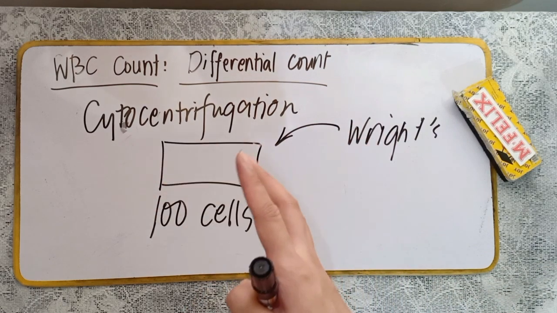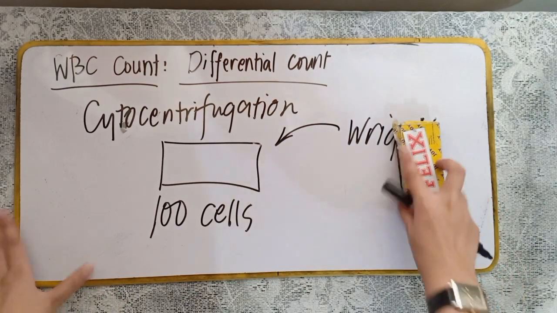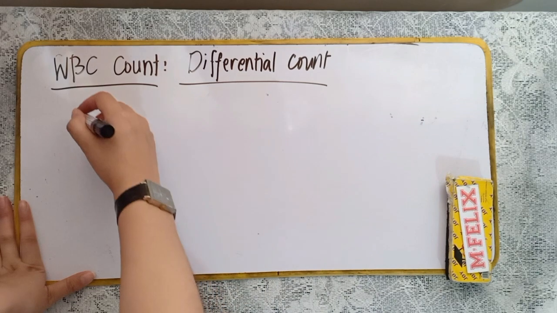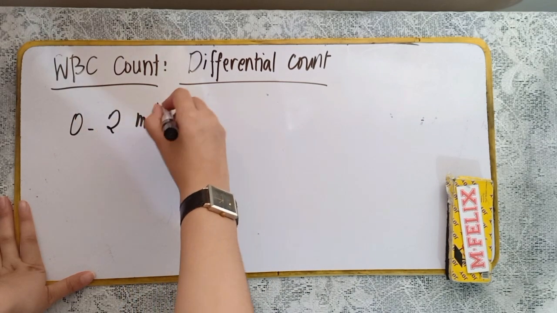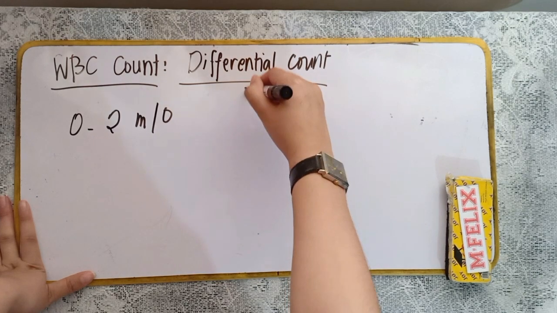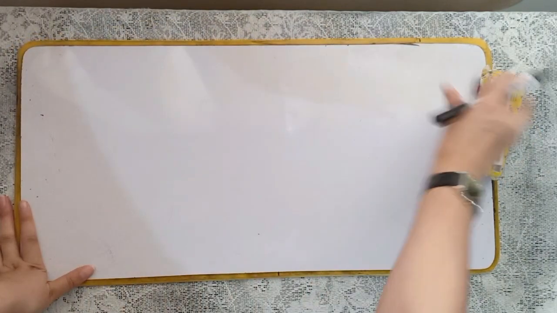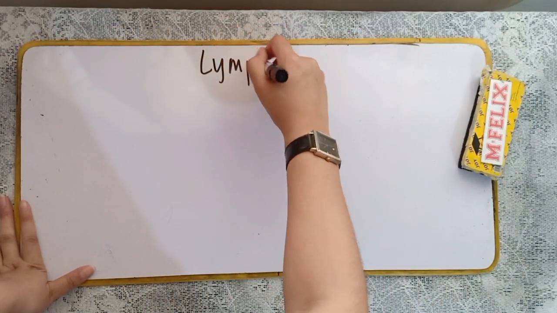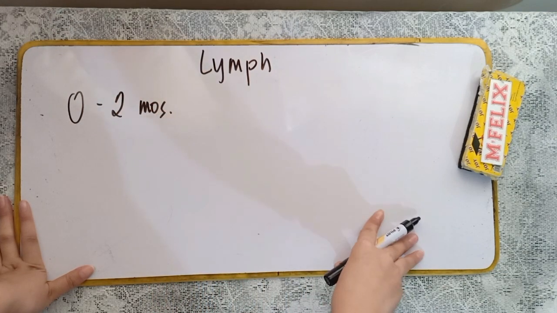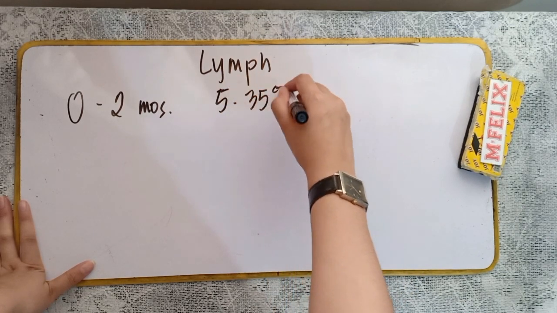Now, for the normal values of CSF differential count, okay, for neonates, so i-list down lang natin. For neonates, usually 0 to 2 months old, ang kanilang normal differential count of lymphocytes is usually 5 to 35%.